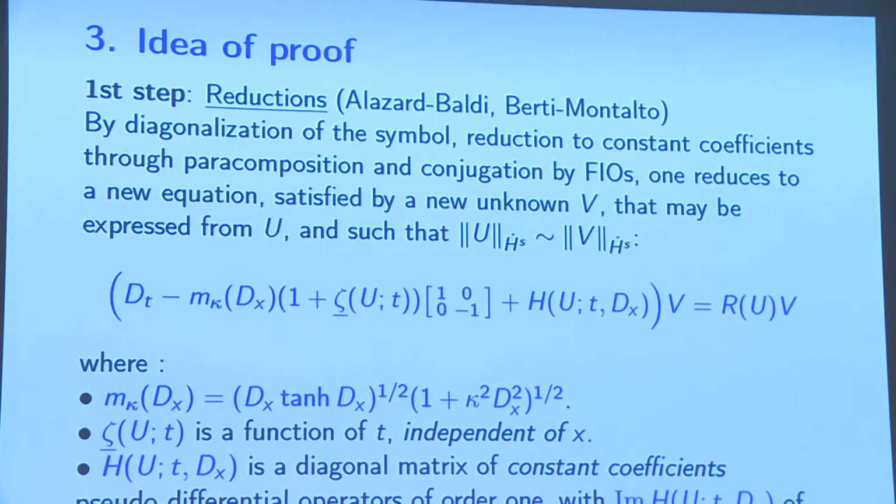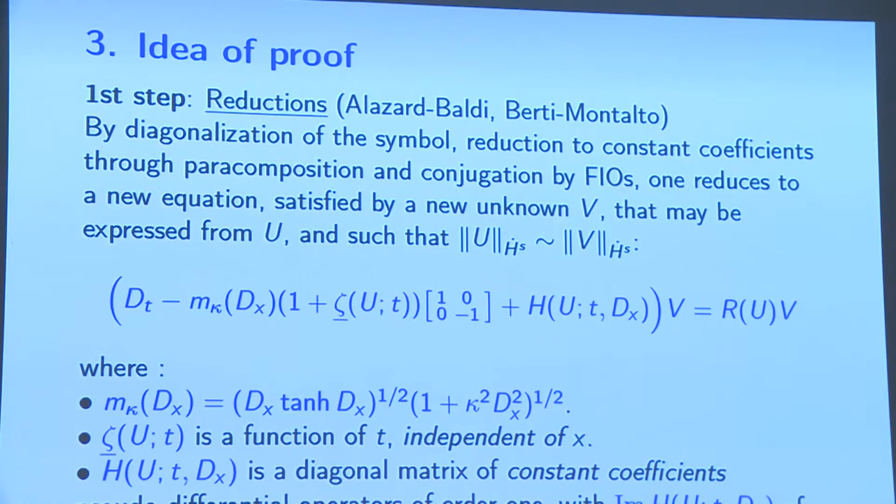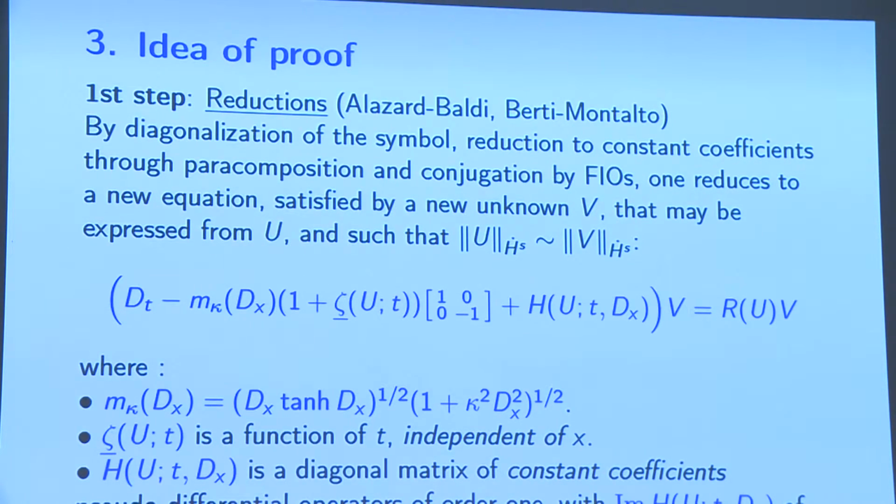And now let me give some ideas on the proof. So the first step is a sequence of reductions that have been used in other contexts by Alazard-Baldi, by Berti-Montalto. So I will not give any detail about these reductions.